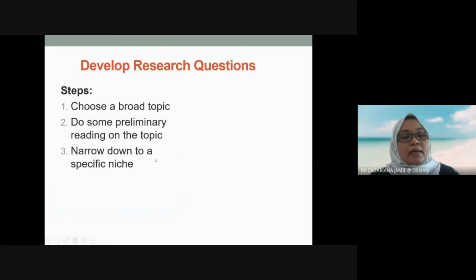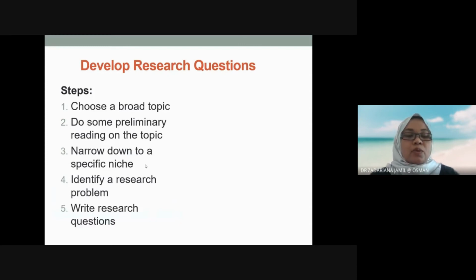Then you narrow down to a specific niche and identify a research problem. The final step, after identifying your research problem, is that you need to write research questions.